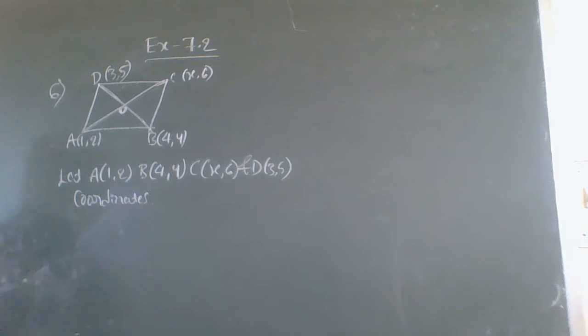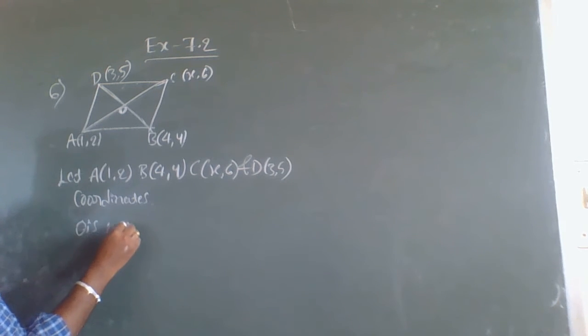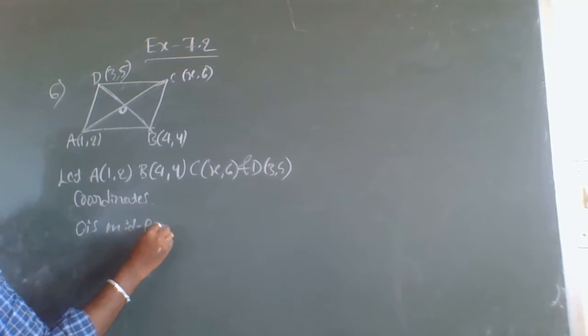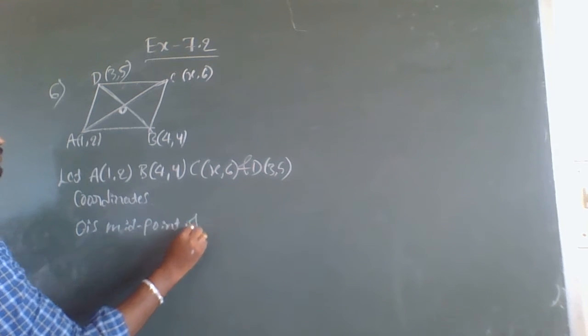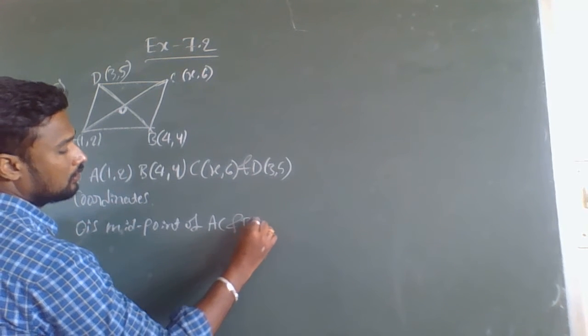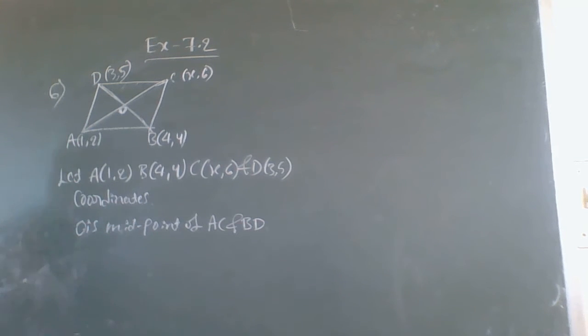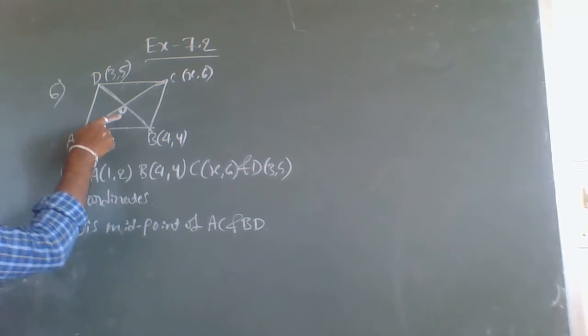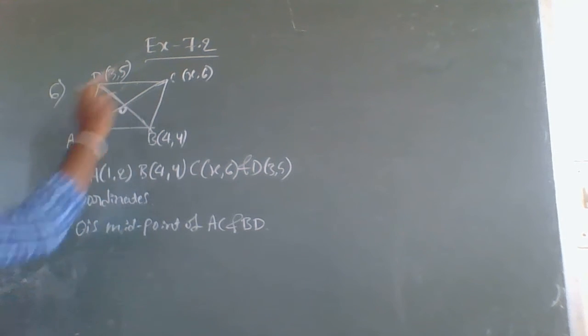So now O is the midpoint of AC and BD. Okay. So now this O is midpoint of AC.